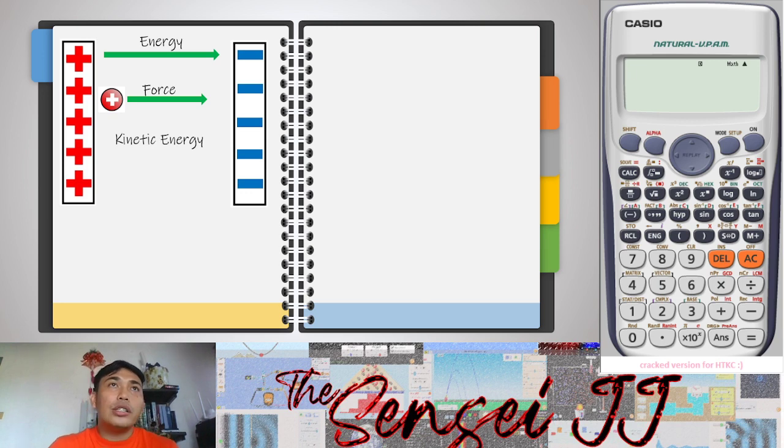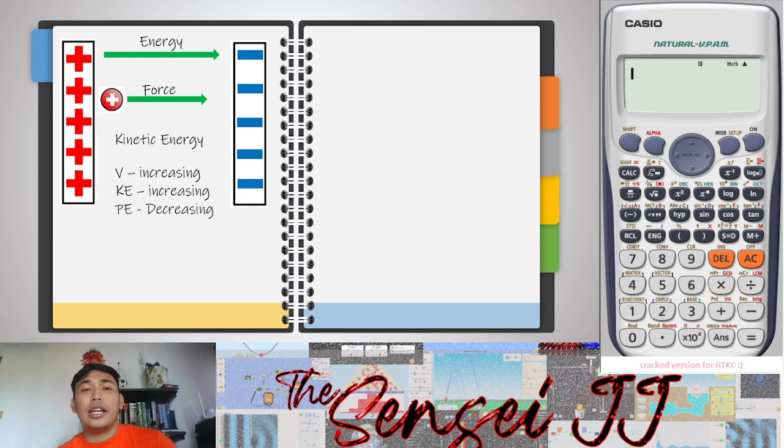And if the force is moving there, the kinetic energy is also moving on the same direction as our force. Okay? So with this, our electric potential is increasing, our kinetic energy is increasing, but the potential energy here is decreasing. Sir, bakit po?